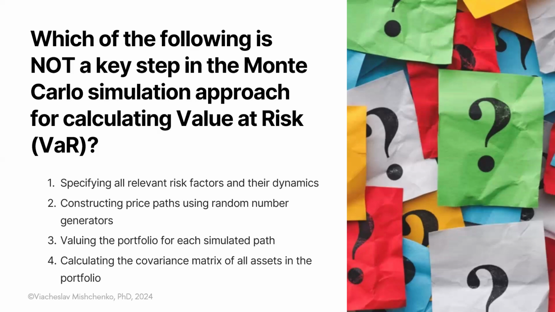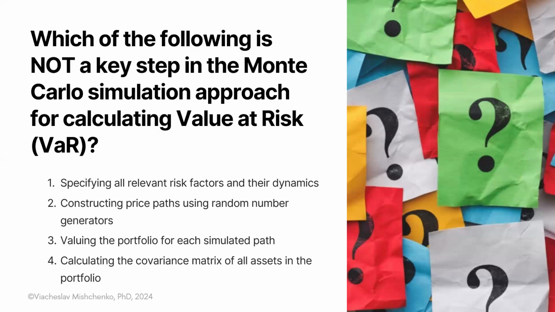The Monte Carlo simulation approach for value at risk calculation, as you understand, involves 3 main steps: specifying risk factors, constructing price paths, and valuing the portfolio for each specific path.